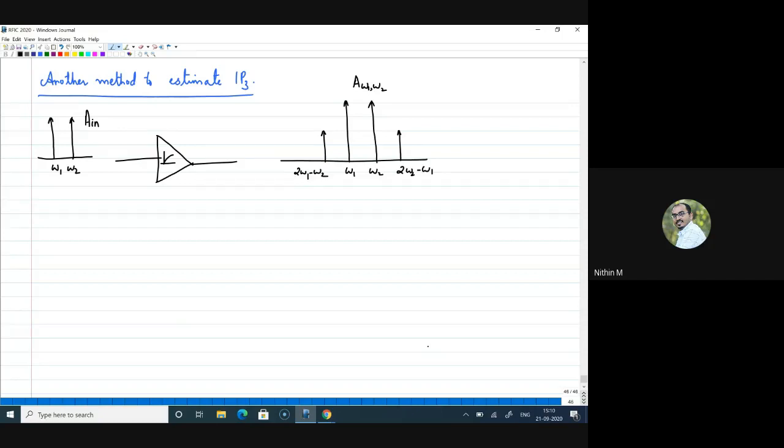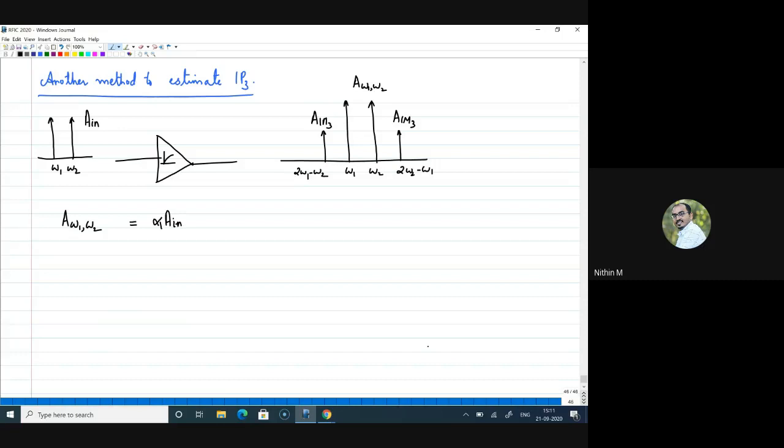The terms appearing here as 2 omega 1 minus omega 2 and 2 omega 2 minus omega 1 are the intermodulation terms. I'll mark the amplitude as AIM3. So these two are AIM3. Now the component at the output, A omega 1 omega 2, is approximately equal to alpha 1 into A in, neglecting the nonlinear component along with the fundamental term.